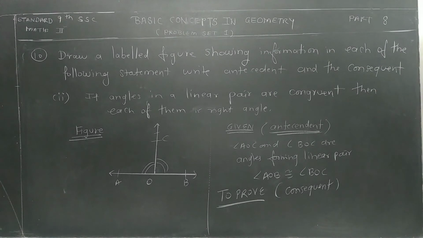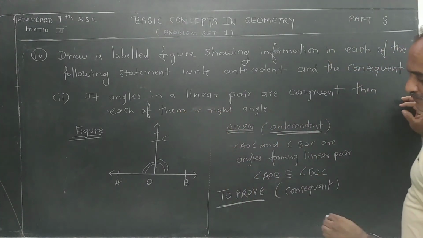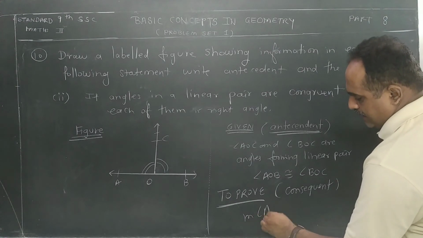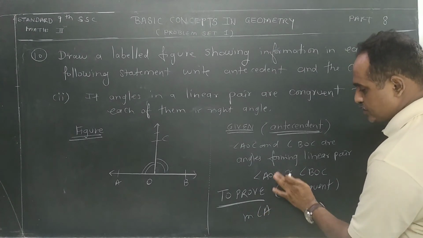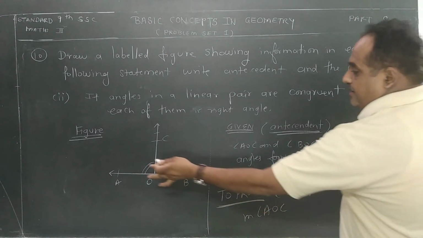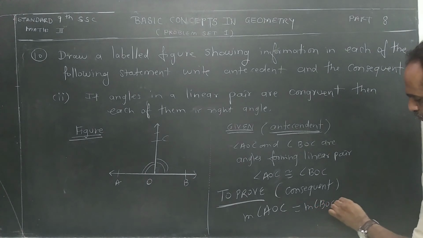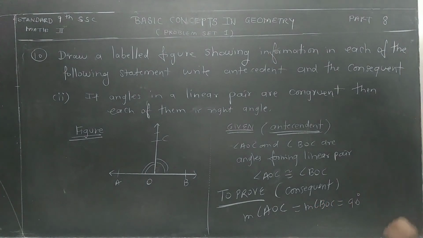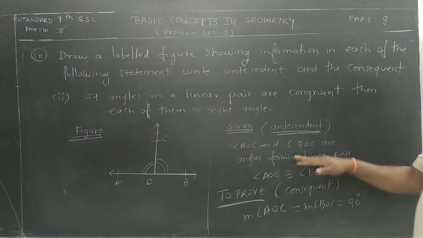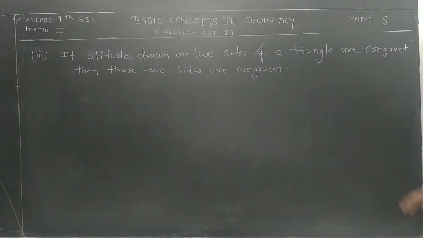What is the meaning of consequent? They are right angles. Right angle means we are going to write angle AOC. Oh, sorry, it should be AOC. Measure of angle AOC is equal to measure of angle BOC is equal to 90 degrees. 90 degrees means right angle. Have you understood this? I think you have understood properly? Copy it down by pausing the video.